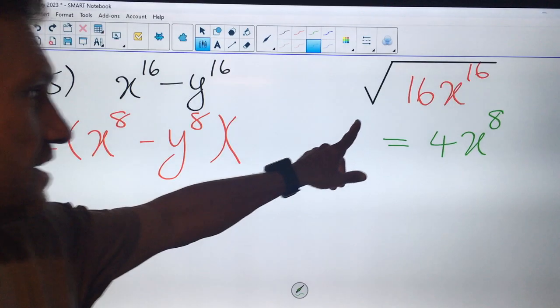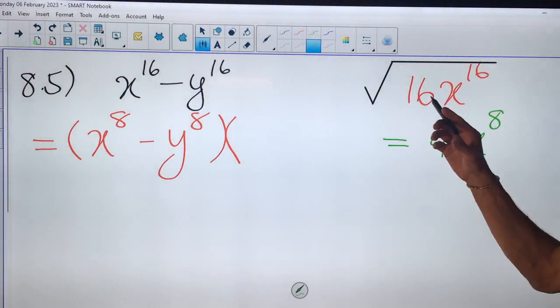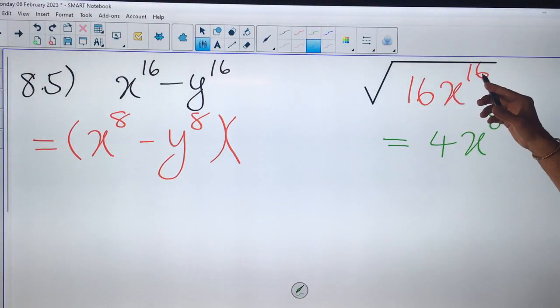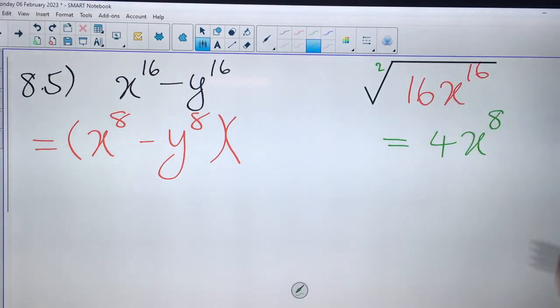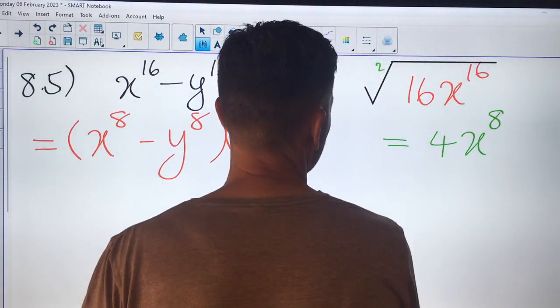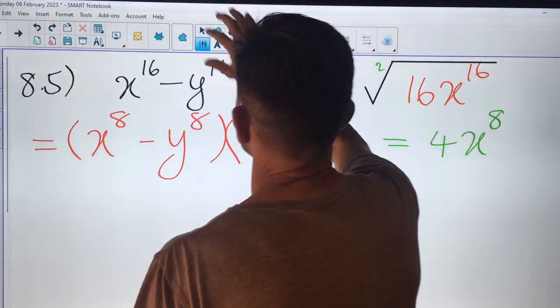So we calculate the square root of a base number, like we do square root, but the power is divided by 2. 16 divided by 2 will give us 8. Common mistake, this one. So make sure that you don't forget about this.